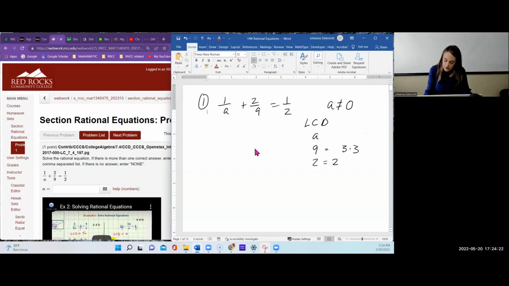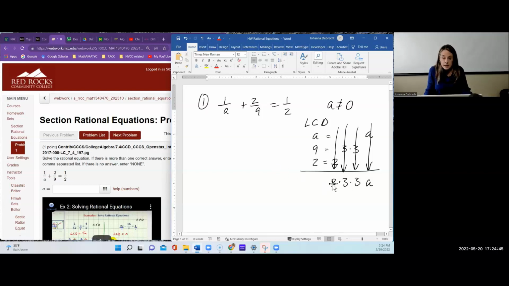A, of course, is different from both of those, so I push it even further to the side. My lowest common denominator needs 2 3s because it needs that 9. And it needs 1 a. Now multiply the factors together. 3 times 3 is 9, times 2 is 18, so we get 18a. You don't have to do it this way, but this is a good technique for finding it, where you break it down into its prime factors.